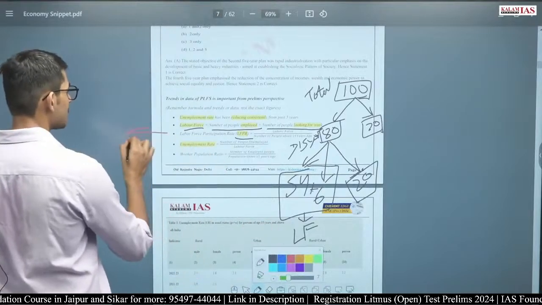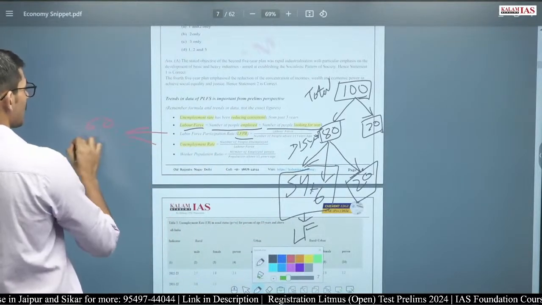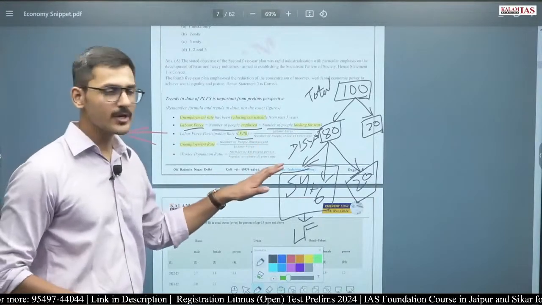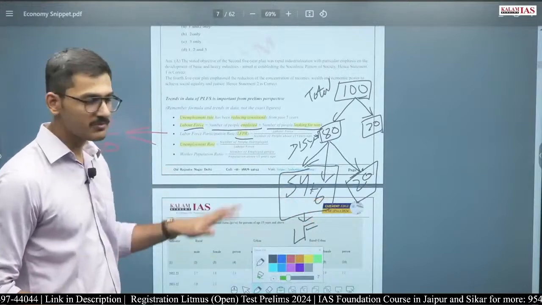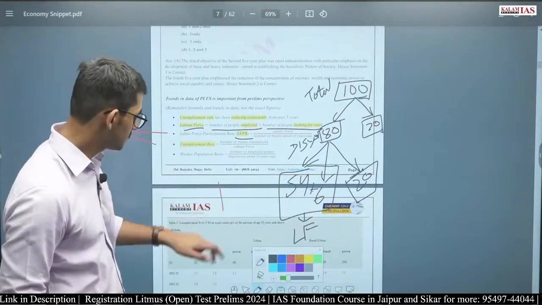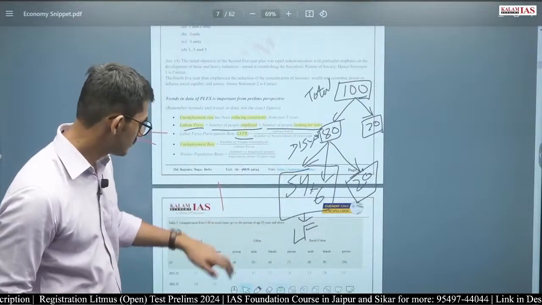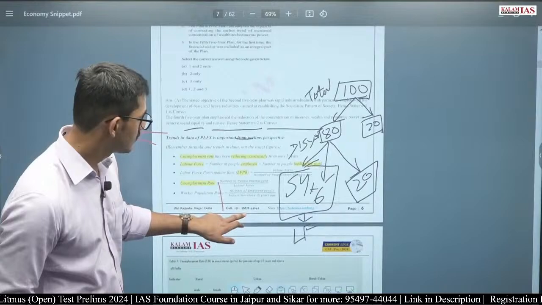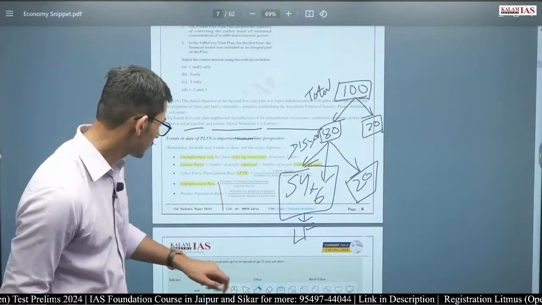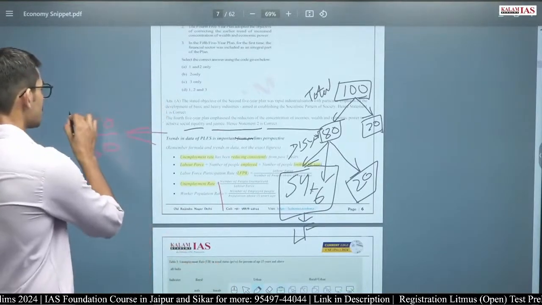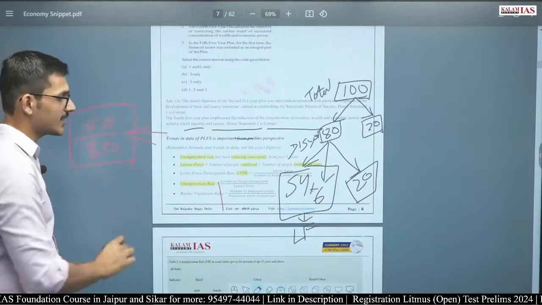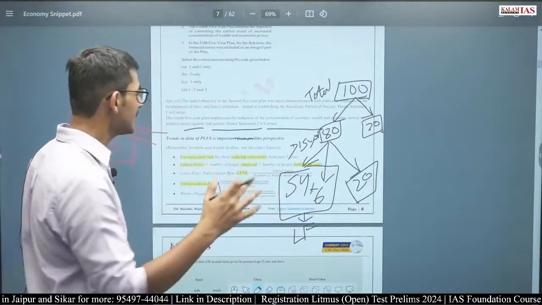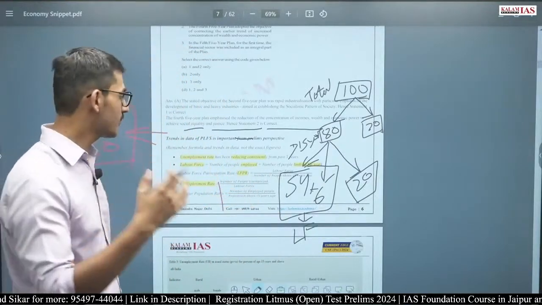It is going to be 60 upon 80, because 60 includes both the number of people who are employed and the number of people who are looking for employment, 54 plus 6. 60 is the number of people who are either looking for employment or employed, and 80 is the number of people above the age of 15.